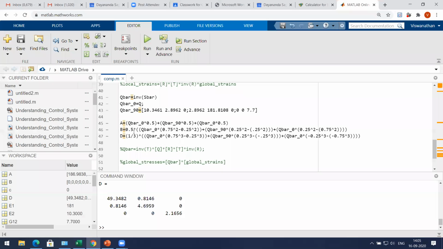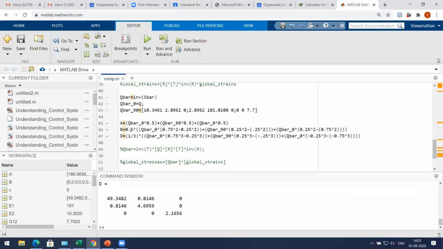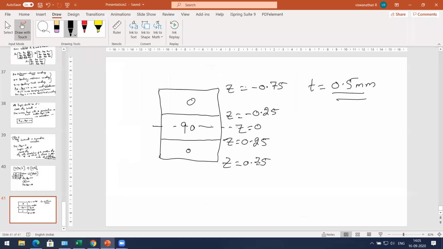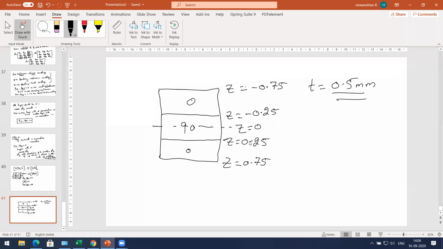For the B matrix, you have a half here. Okay, half. So for that you put a 0.5 here, and then q bar 0, and then this one is taken like this, 0.75 square minus 0.25 square. And then for the next one, it is 0.25 square minus of minus 0.25 square.